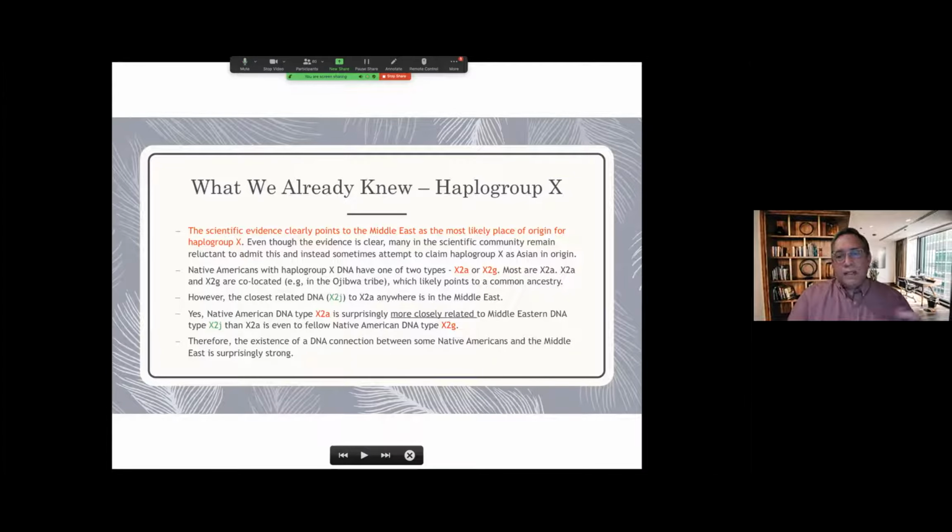And so it points to a common ancestry for those two Native American haplogroup X DNA types. But what's surprising is that X2A is actually closer related to what's found in the Middle East than it is to the other Native American DNA type X2G. So it's a surprisingly strong correlation and connection between some Native Americans and the Middle East.